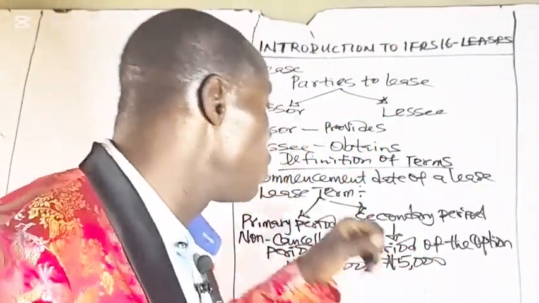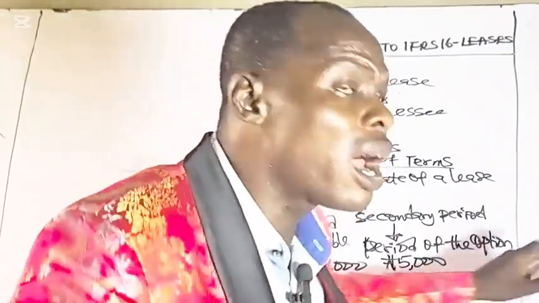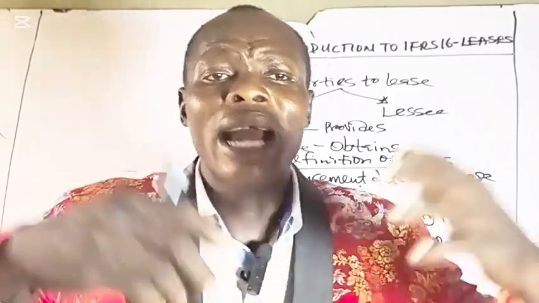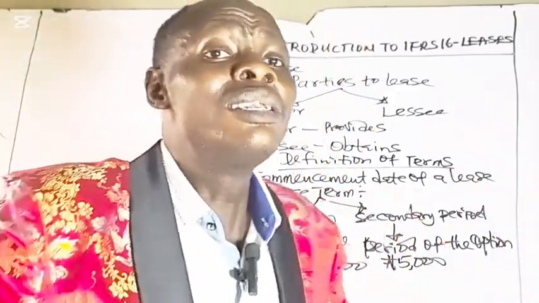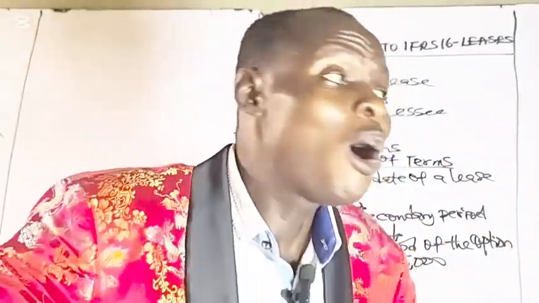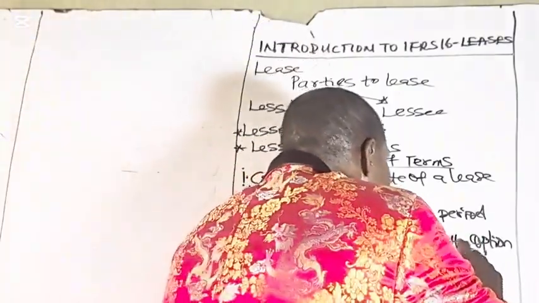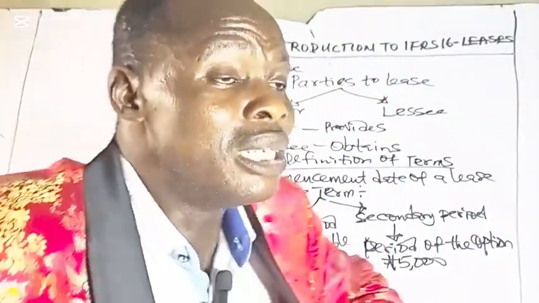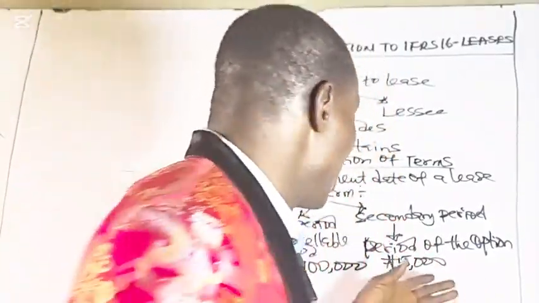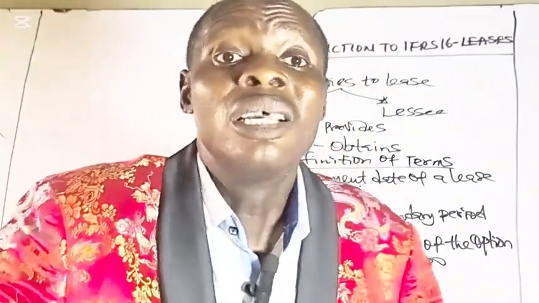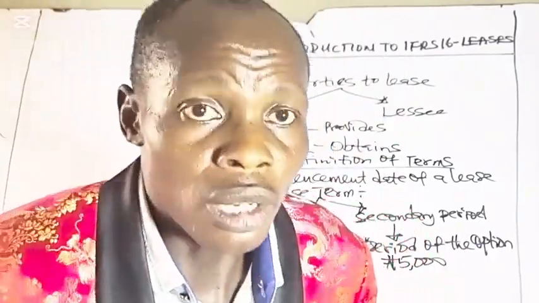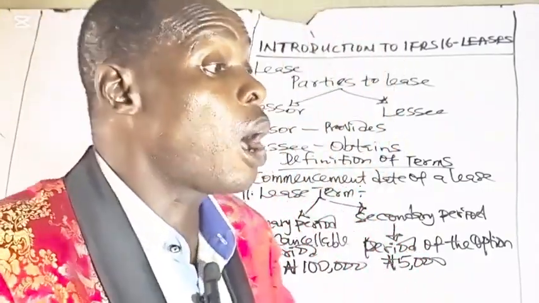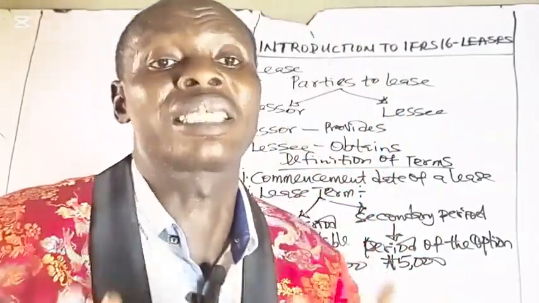So where the rent for the period of the option is very high, your acceptance of the option terms is in doubt. You are not sure. It is not highly probable that the option will be exercised.